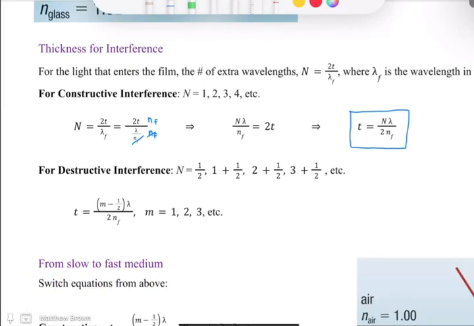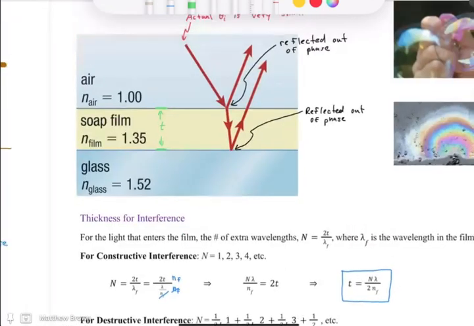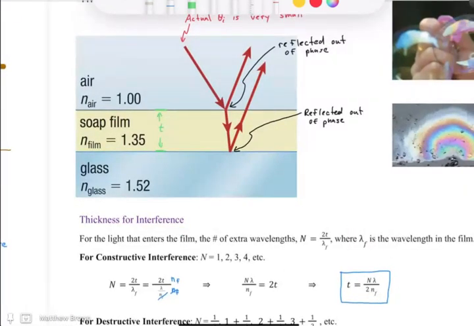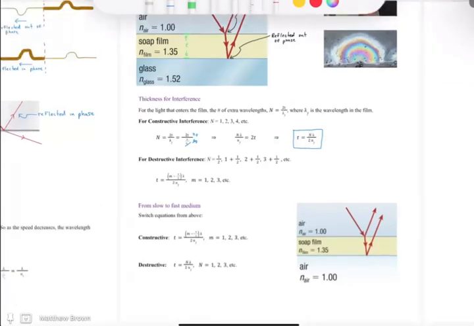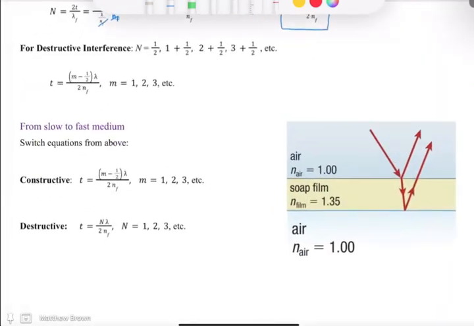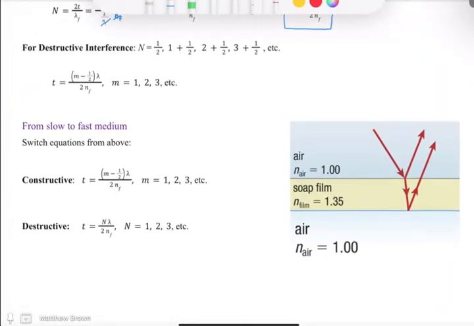Now this all seems well and good, but the challenge is, as I mentioned, this was somewhat particular to this situation. We had going from air to soap, which had a greater index of refraction, and then trying to go into glass, which also had a greater index of refraction than the soap. And so we could also have a situation like this, where we just have a thin soap film, and it's got air on both sides.